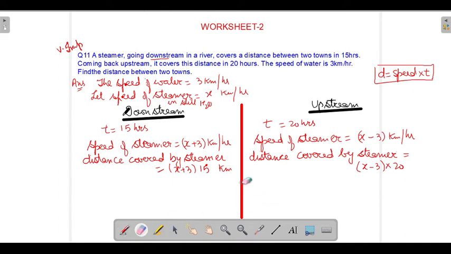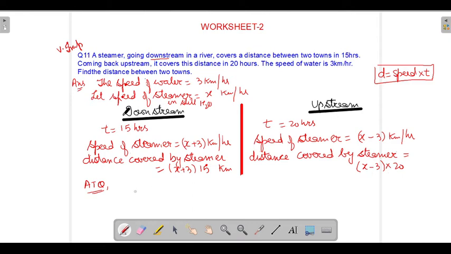Now the concept is that if the steamer goes from one corner of the river to the other, whether upstream or downstream, the distance will remain the same.